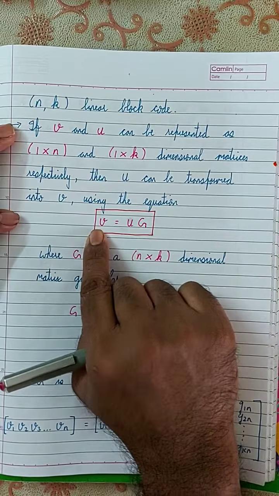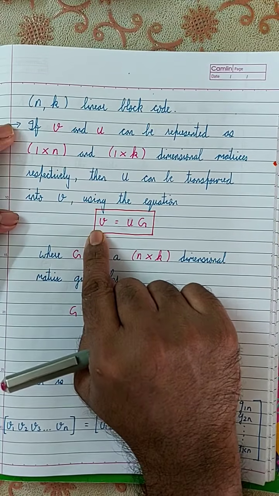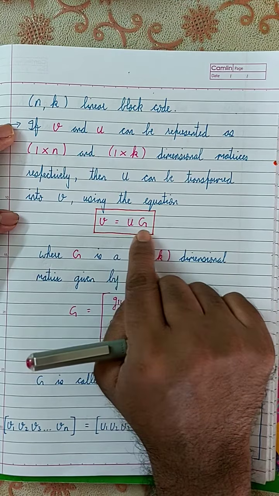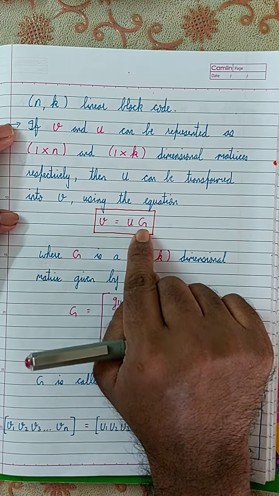That is, you get the output code word using the equation: output equals input message multiplied with another matrix. Now you will see what this matrix is.